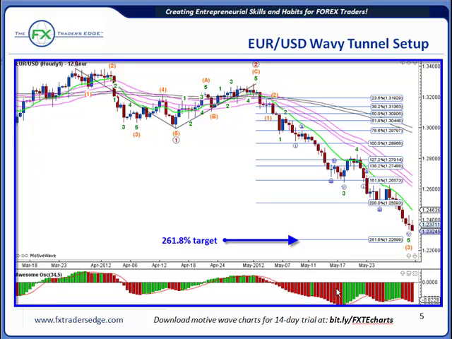MACD histogram, and for the duration of the wave 3, the awesome has been below the 0 line. So it's been below the 0 line, and until we move back up above the 0 line, there's no reason to expect the euro to turn around right away.